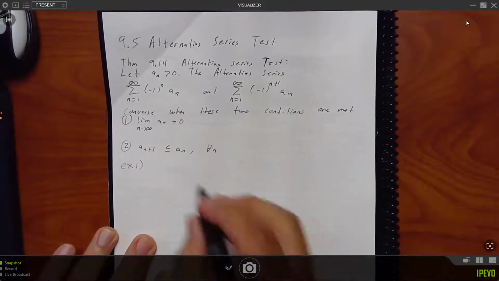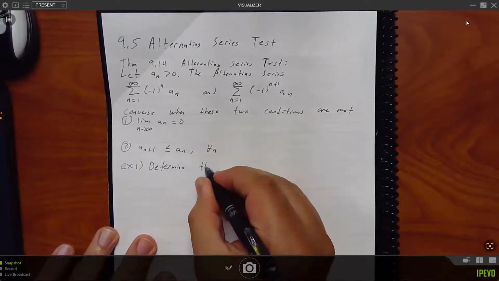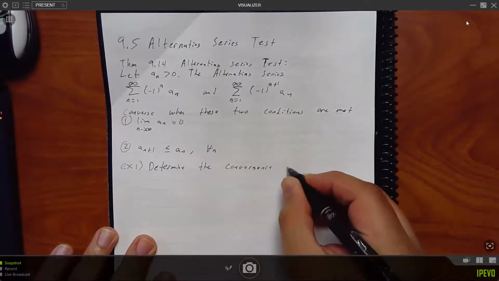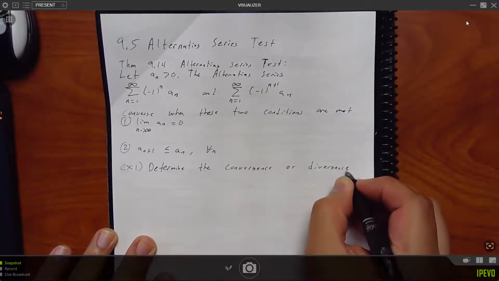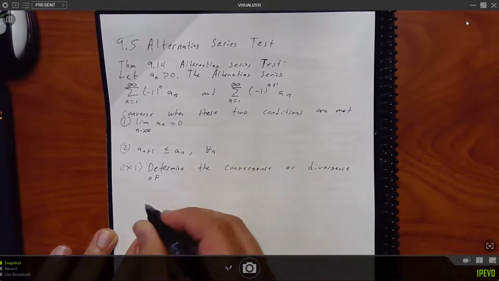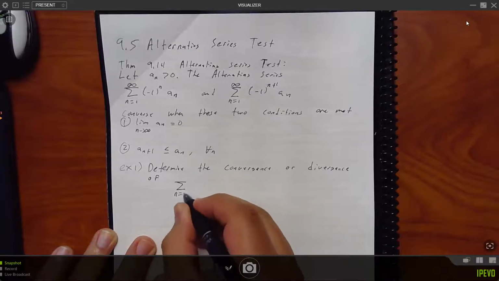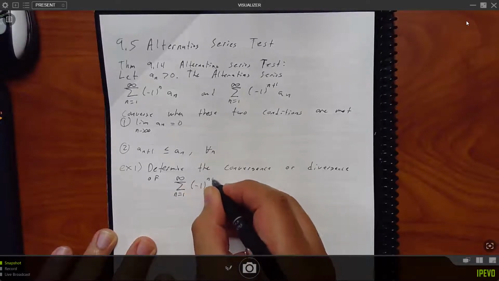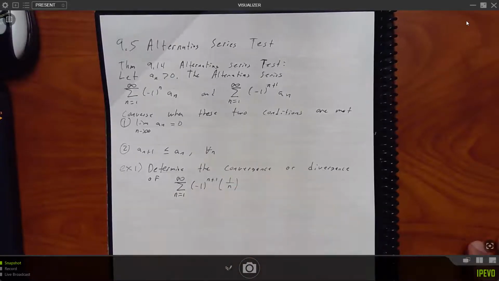Okay, so determine the convergence or divergence of the series.